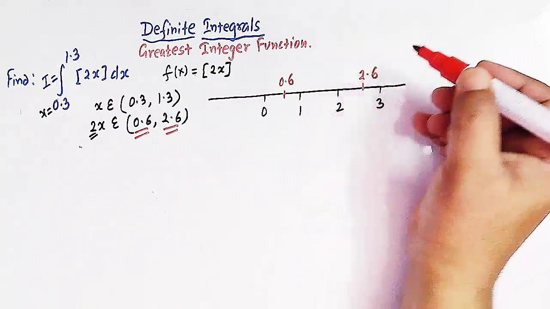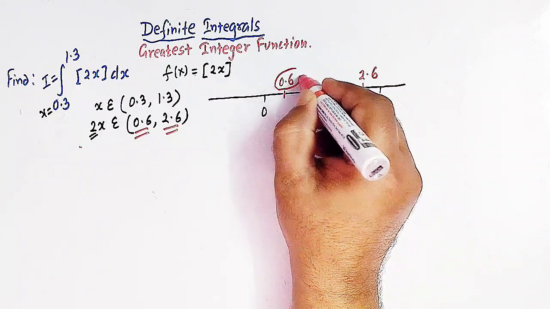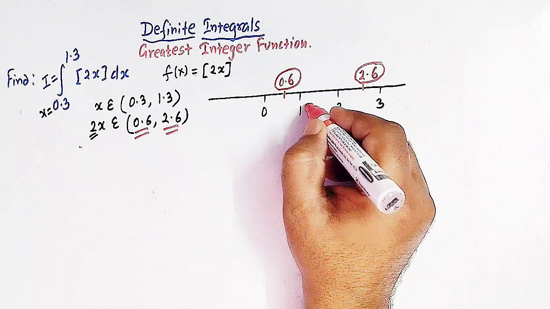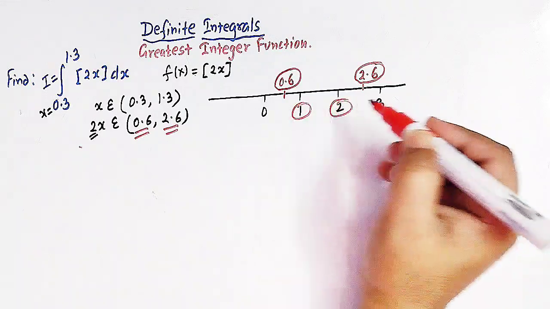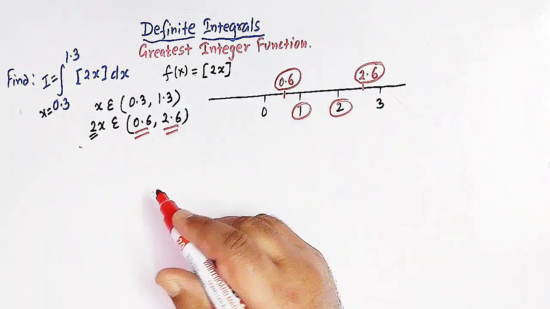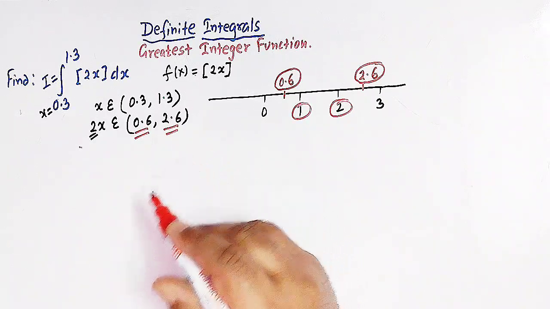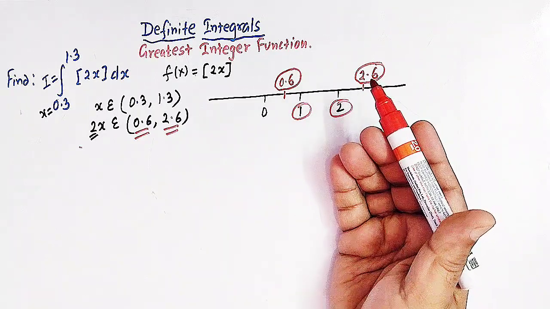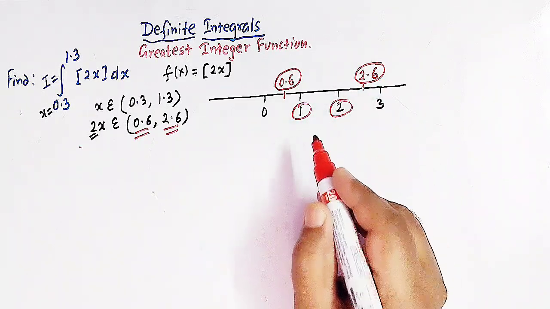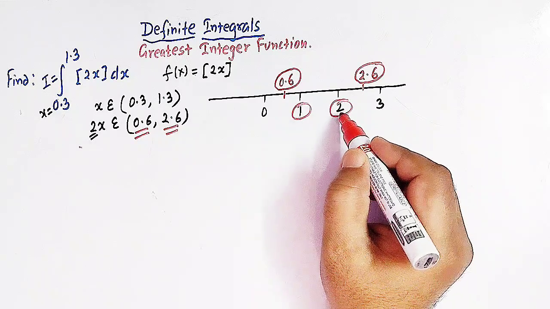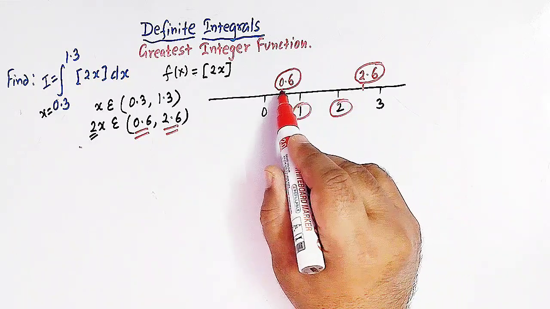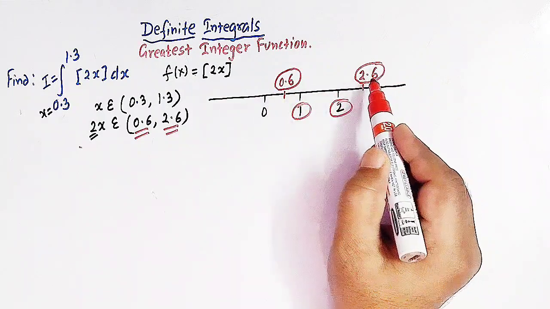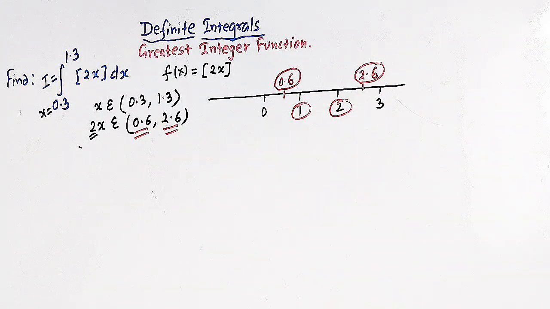And now we can see that between 0.6 and 2.6, we have two integers, that is 1 and 2, right? And we know that whenever we come across greatest integer function, our main objective is to search for integers, right? So 1 and 2 are the two integers which lie between 0.6 and 2.6.